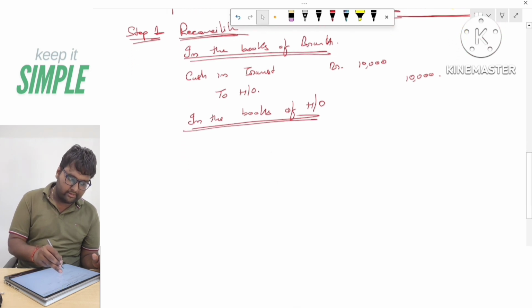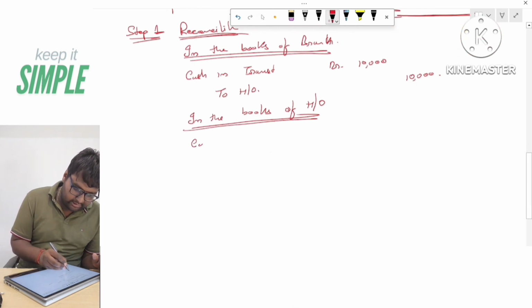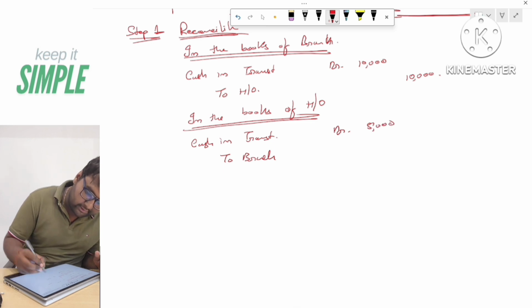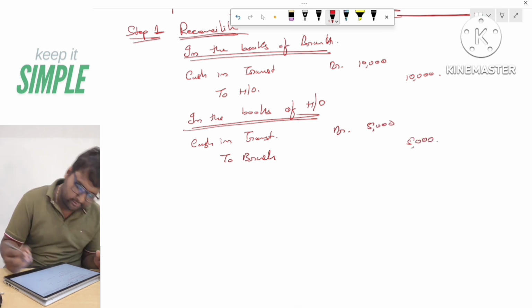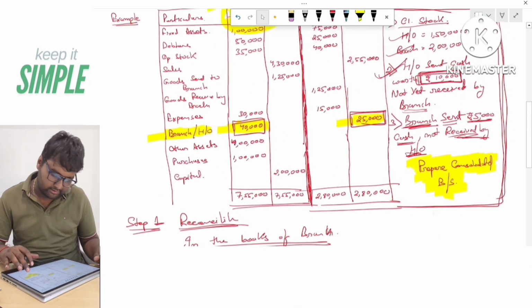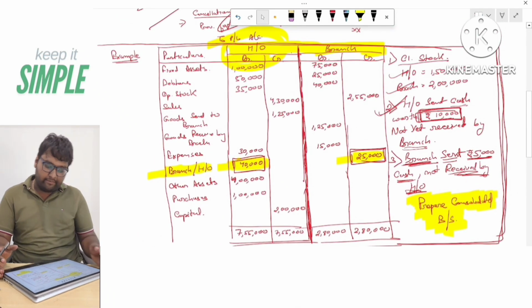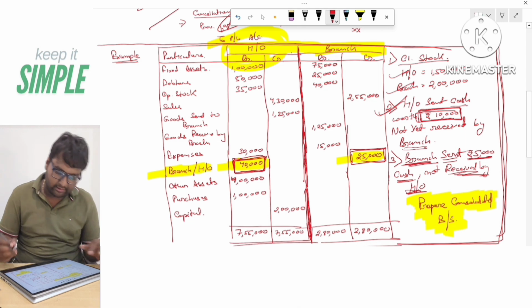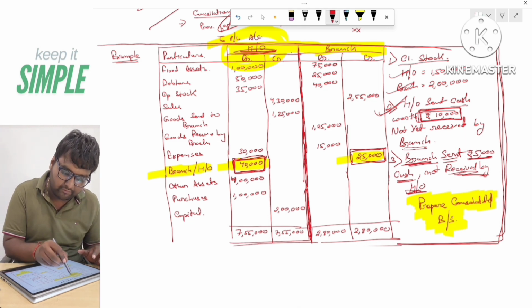Our entry will be cash in transit debit to branch 5,000. Now let's see. Branch has a debit balance of 40,000 in the books of head office.